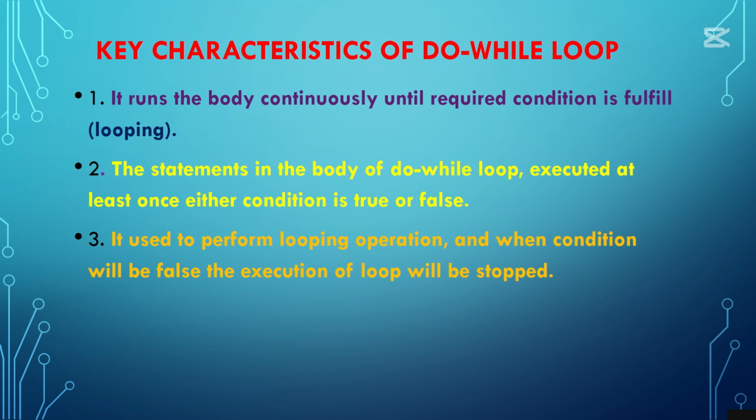The second characteristic is this: the statements in the body of the do while loop are executed at least once, either the condition is true or false, as we already saw in the previous slide. It's used to perform looping operations, of course, and when the condition becomes false, the execution of the loop will be stopped. It means that when it starts looping and the condition becomes false, our execution will be automatically stopped.